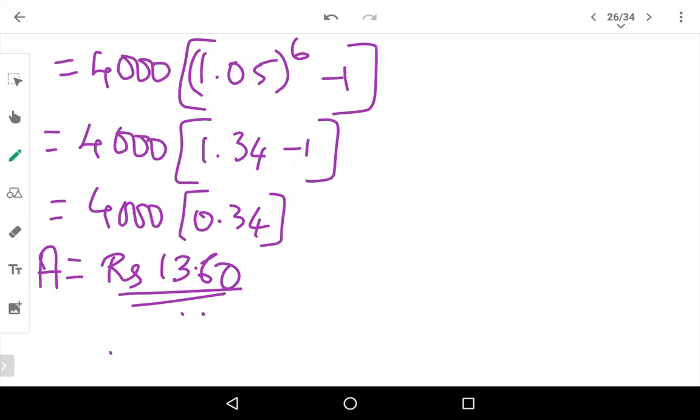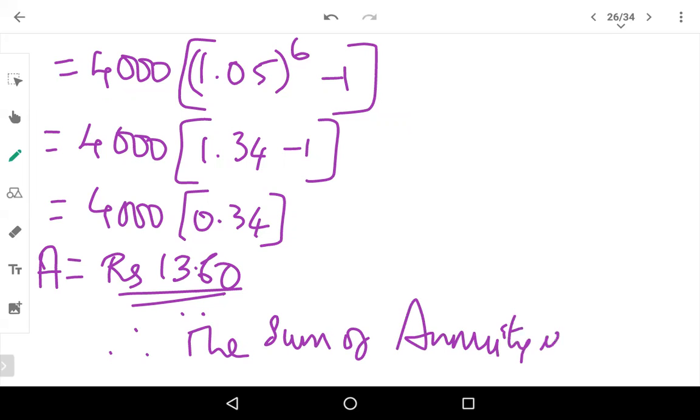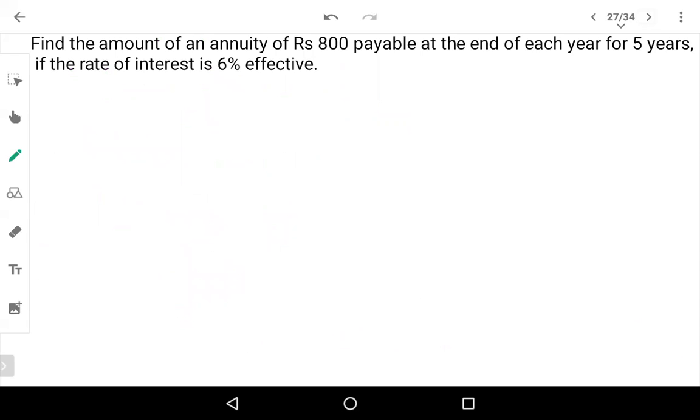So therefore the sum of annuity is rupees 1360. This is the final answer. Okay, I hope everybody has understood this question.